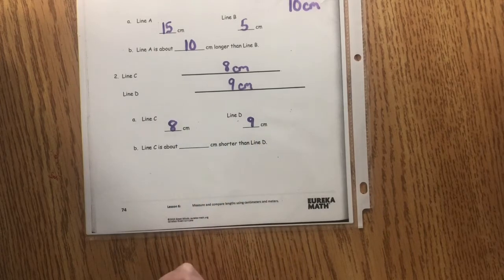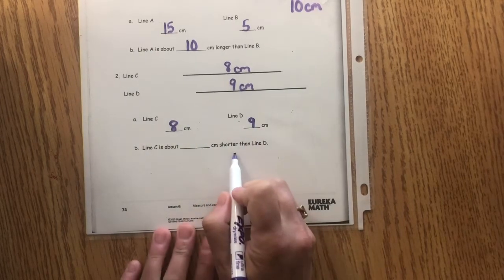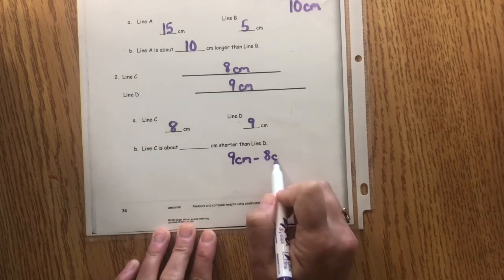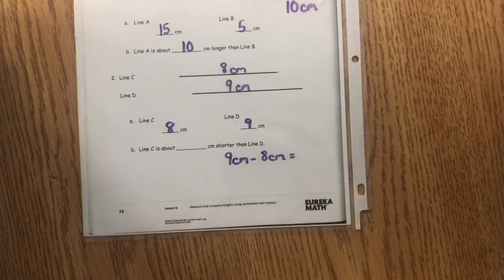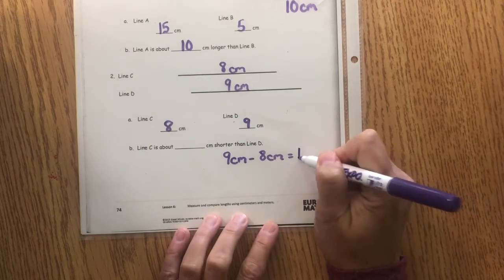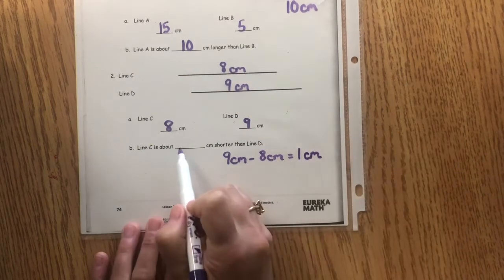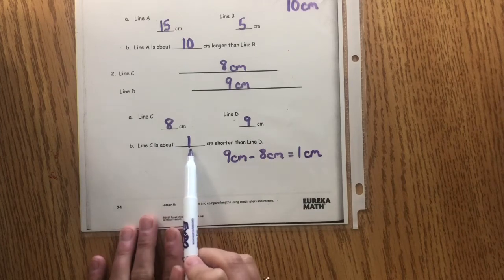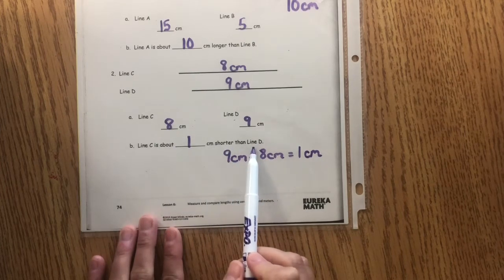To compare those two lengths, I'll write a subtraction equation. Luckily, they made it easy for us. I know that 9 minus 8 is equal to 1. So line C is about 1 centimeter shorter than line D.